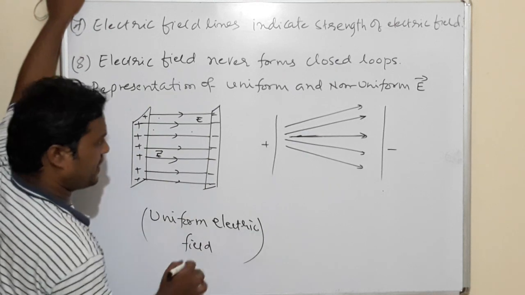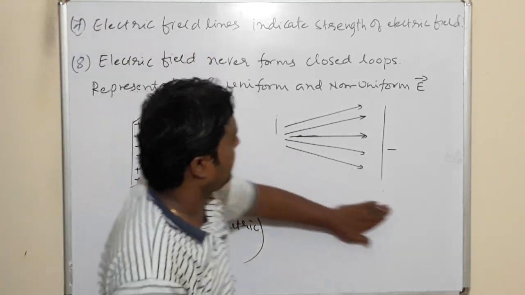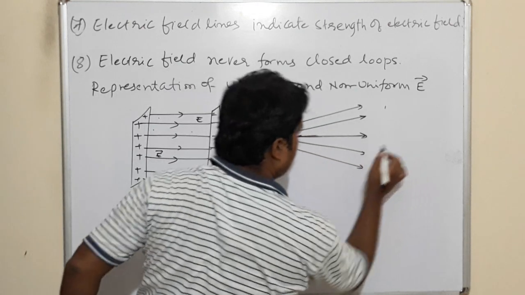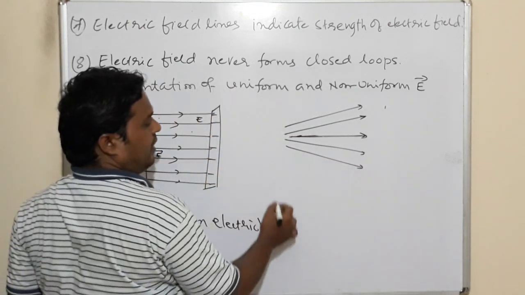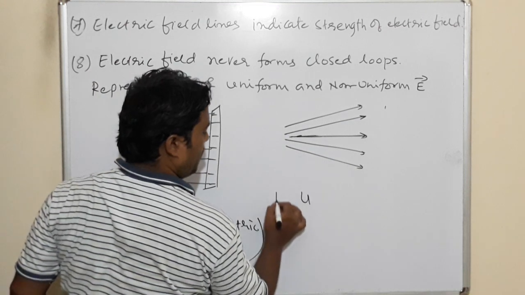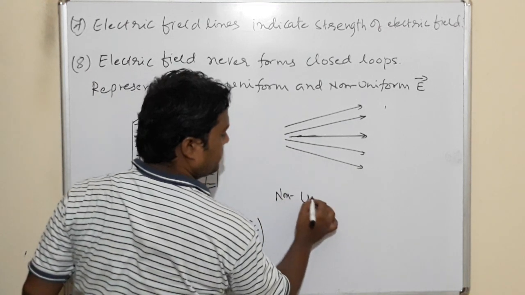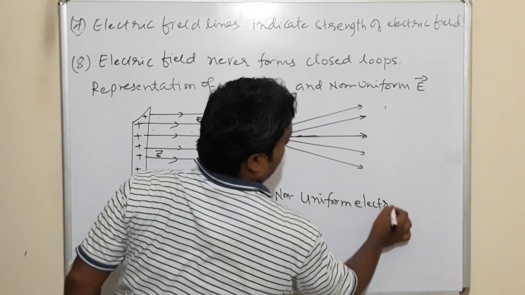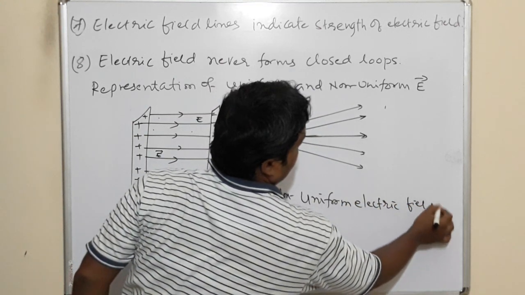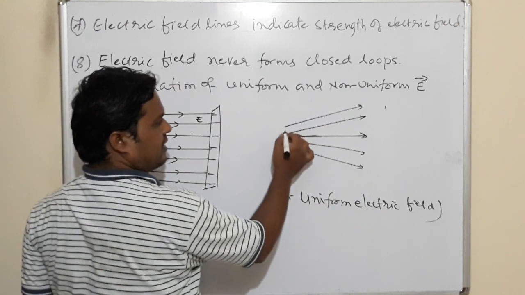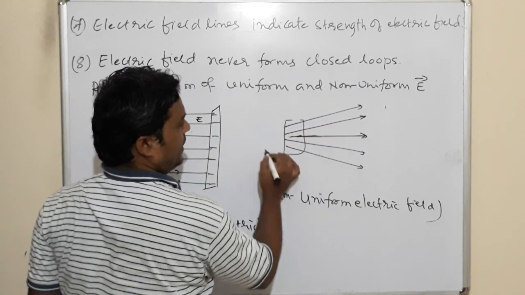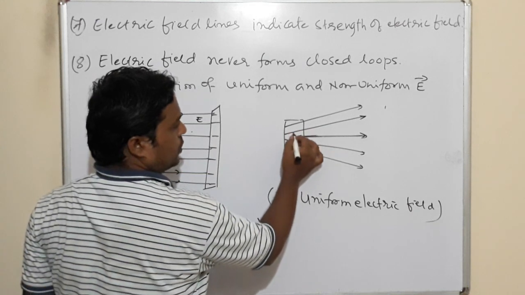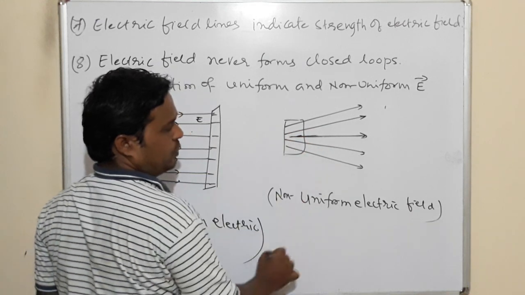If the lines are represented like this, if they are not parallel, of course the direction is this. If they are not parallel, then it is called a non-uniform electric field. Suppose I draw a unit small area here, how many lines are covering? 1, 2, 3, 4, 5, all the lines are passing through this area.